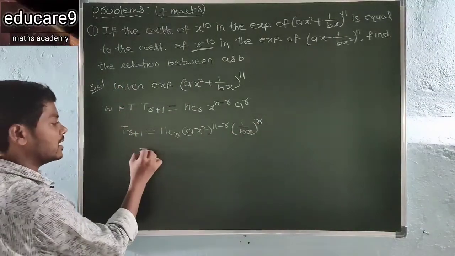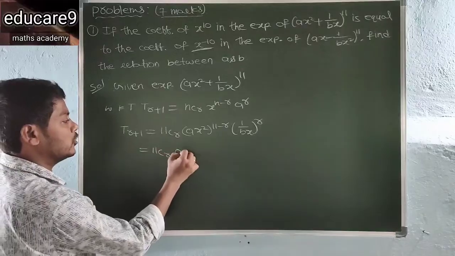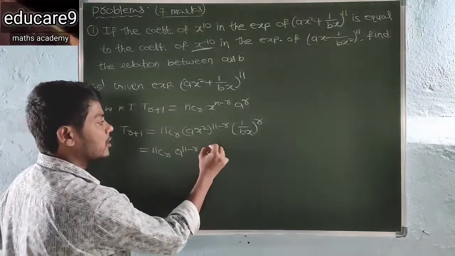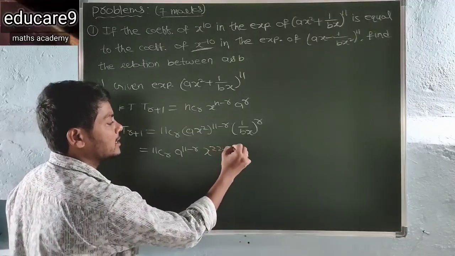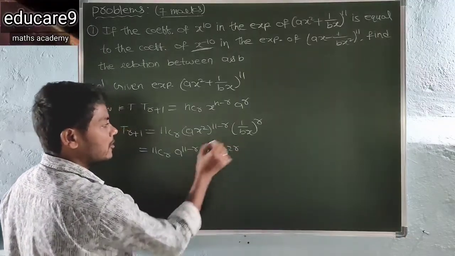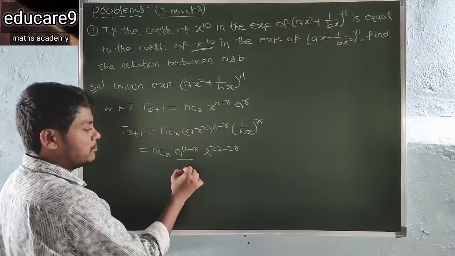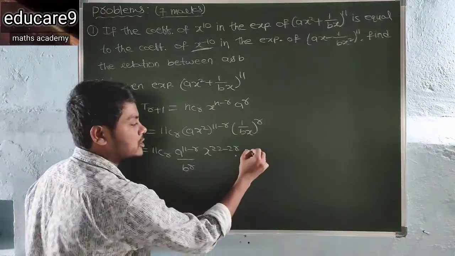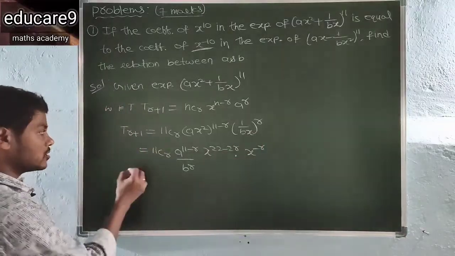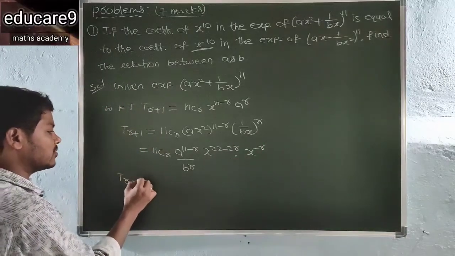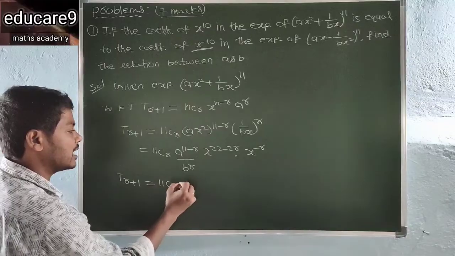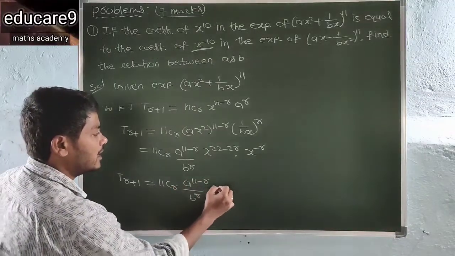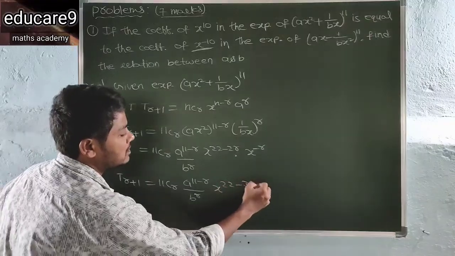Now this is 11Cr a^(11−r) x^(22−2r) by b^r, into 1 by x^r, which can be written as x to the power of minus r. Therefore T(r+1) = 11Cr a^(11−r)/b^r x^(22−3r).